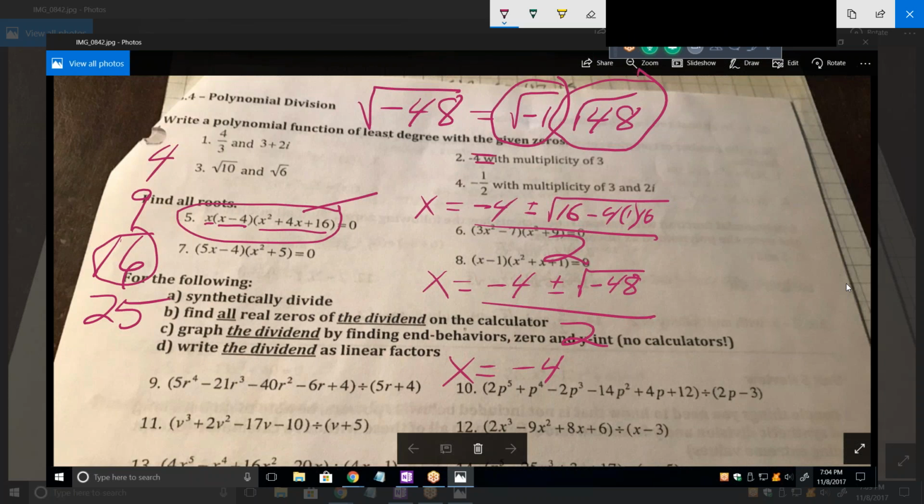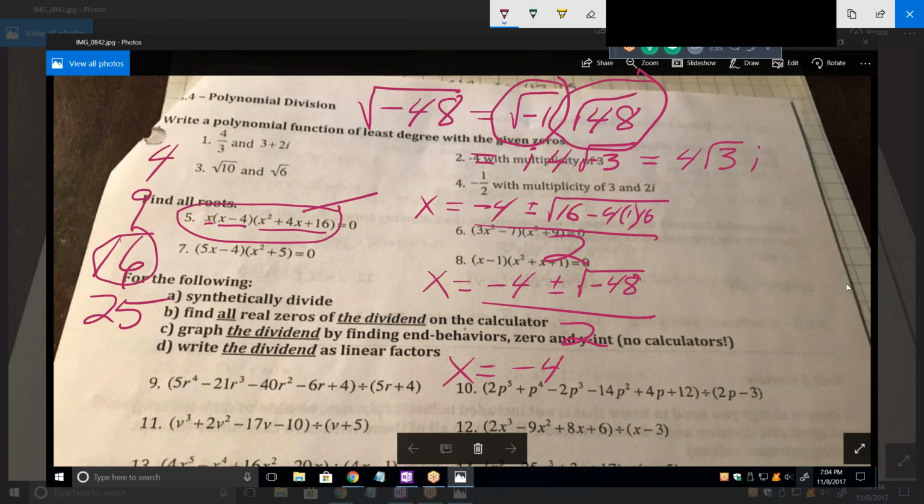So what we have here is i times 4 times square root of 3. And the way we typically write that is the i comes after. In other words, I would write that 4 root 3 i. That is negative 48. Okay?